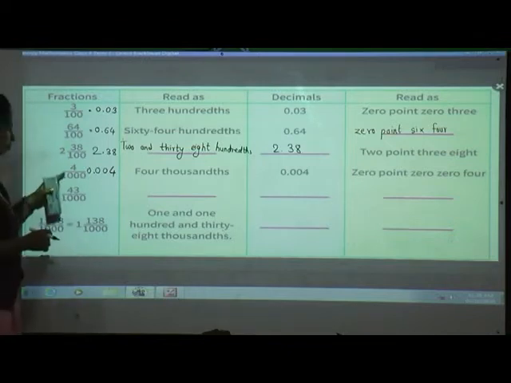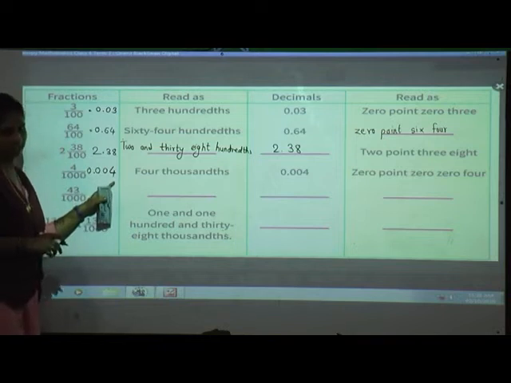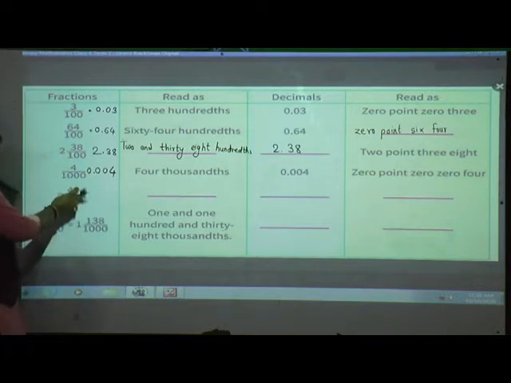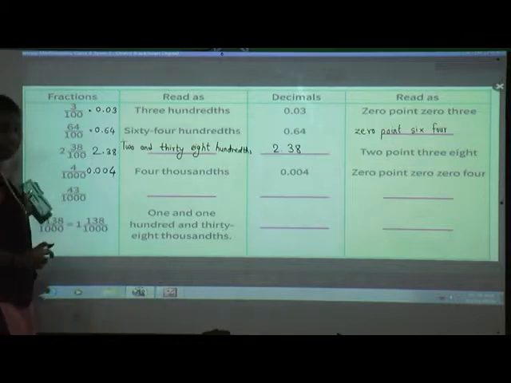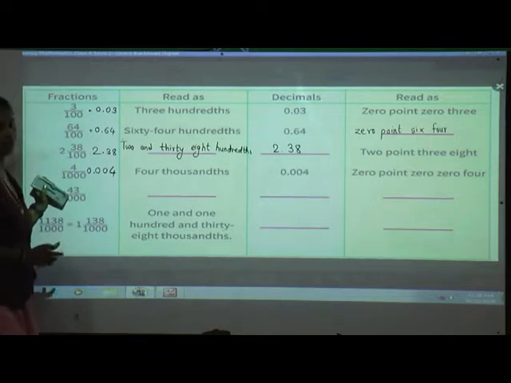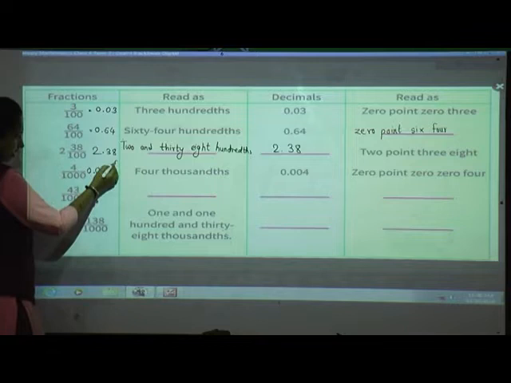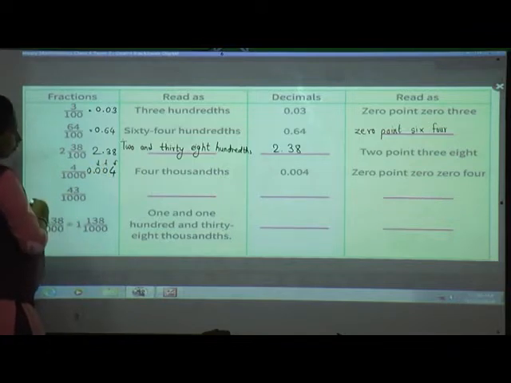I'll repeat again. Write the numerator as it is. In the place of the denominator, what is there? Thousands. So 1 is followed by 3 zeros. So we have to place the decimal point after 3 digits. Already 1 digit is there, so second digit, third digit, then give the dot.